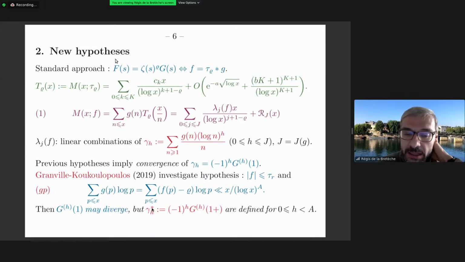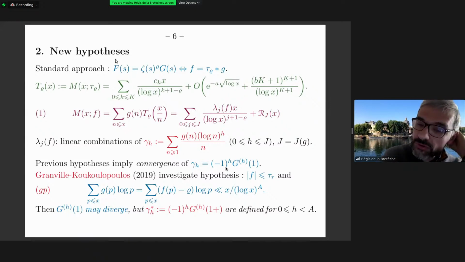So I add a star to quote the small modification of this definition, and it's defined for h between 0 and strictly less than A. Okay, so it's an easy result, but it's very important to be observed.